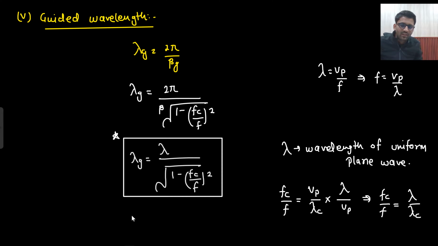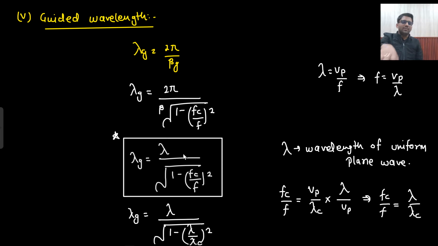So what I am getting here now is that my lambda g is equal to lambda divided by under root 1 minus lambda by lambda c whole square. So this result you can keep in mind, but we are making another important result. Now I will take this lambda g here.